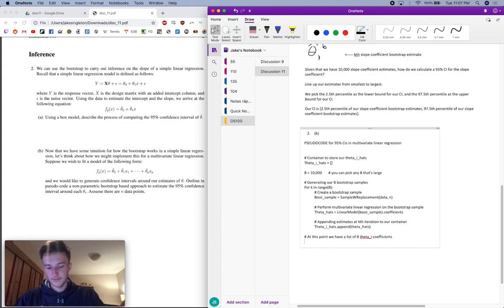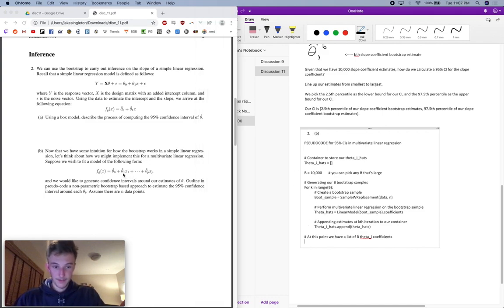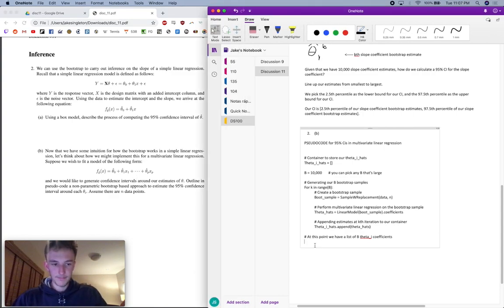So we know that the first entry of this theta I hats is going to be theta hat 1, theta hat 2, all the way up to theta hat p. And then the second entry is going to be the same thing. Obviously the numbers will be different, but the ordering will be theta hat 1 comes first for each set of thetas.